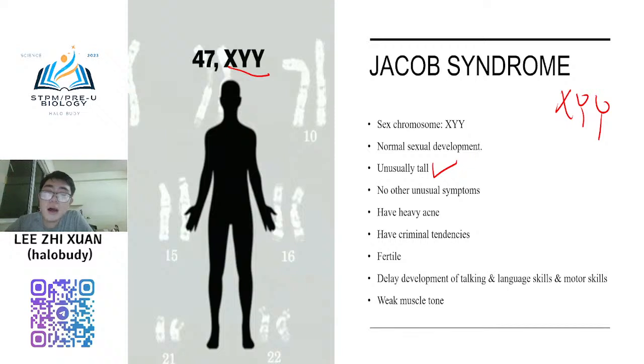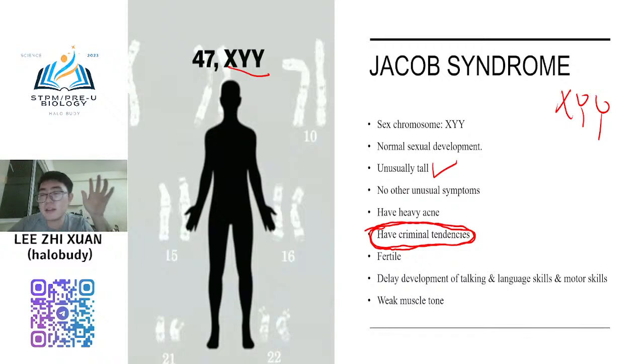Normal sexual development, have hairy ends, but yang ni lah have criminal tendencies. Kepada orang lelaki, kalau mereka buat research dekat negara Eropah, Malaysia tak ada lah.